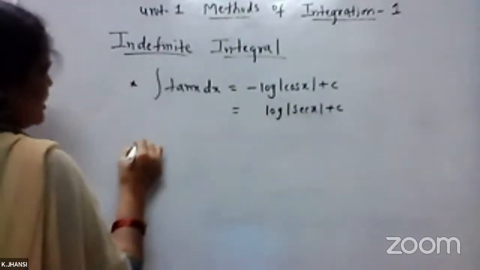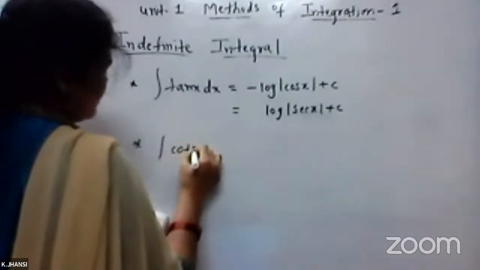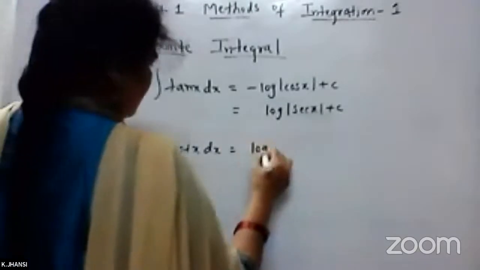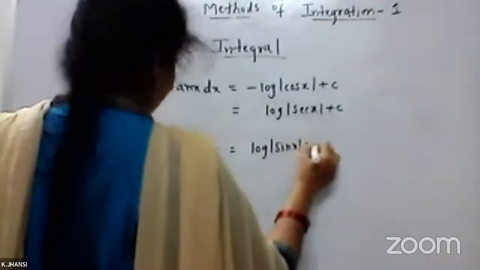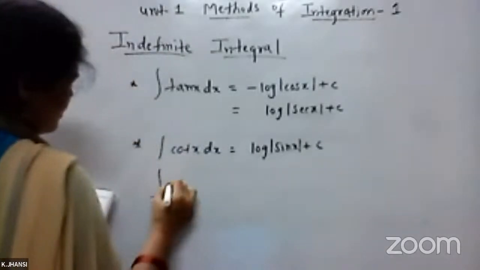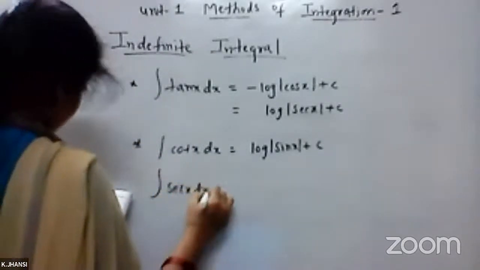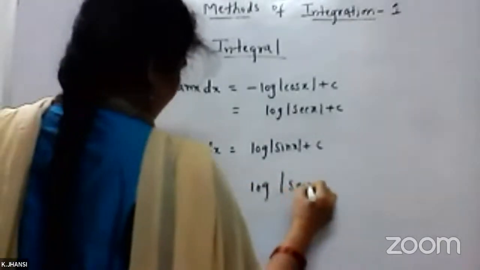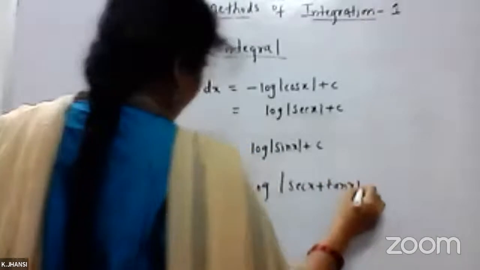Next, integration of cot x dx equals log sin x plus c. Integration of secant x dx is log of secant x plus tan x.